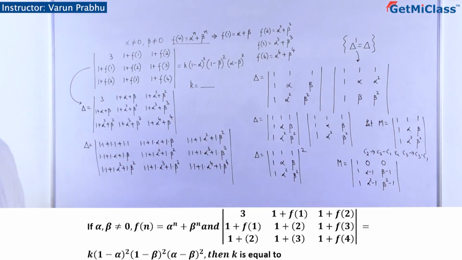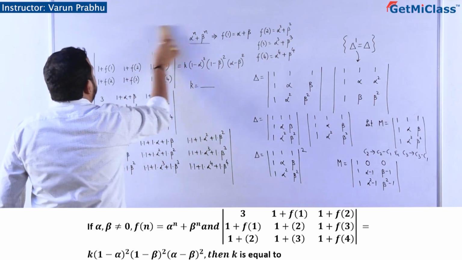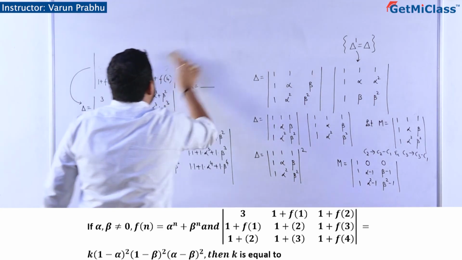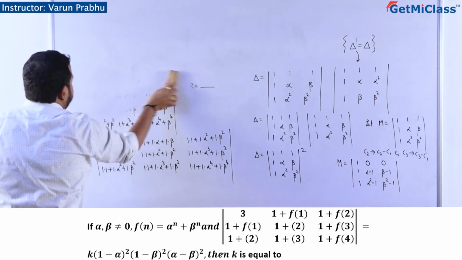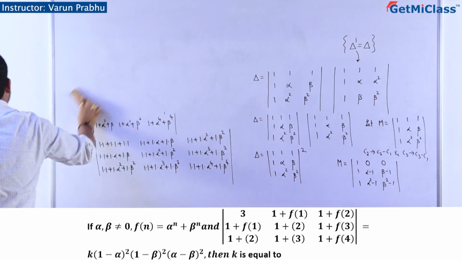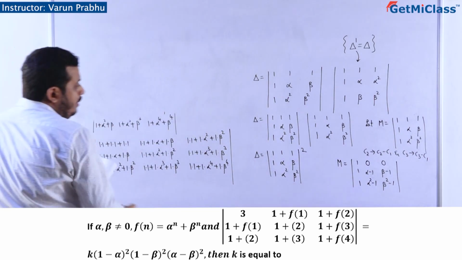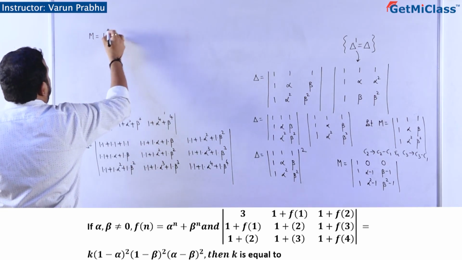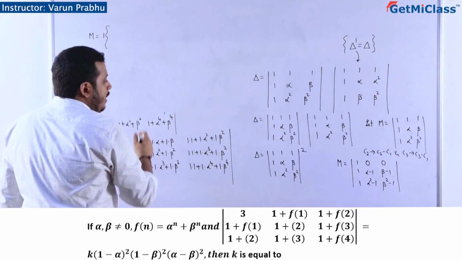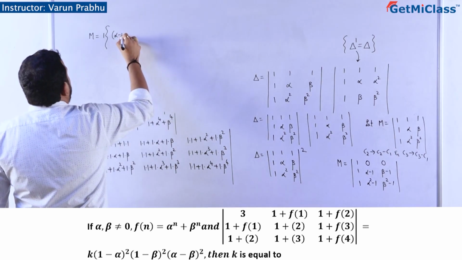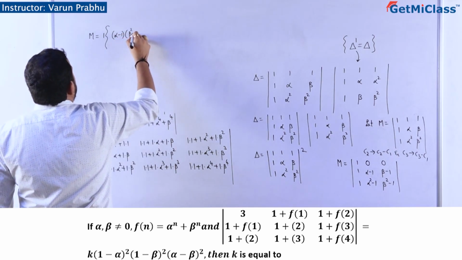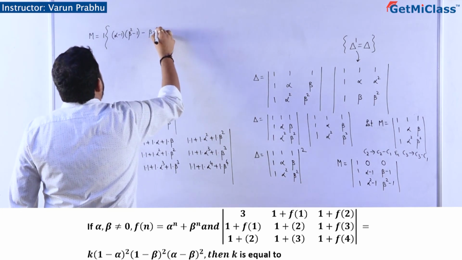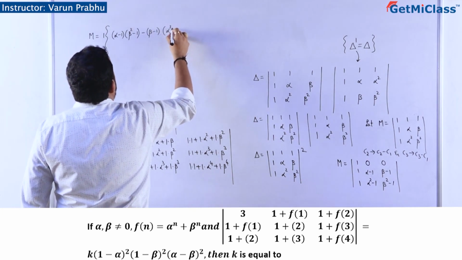Now if you carefully look at this part, slightly lengthy problem this is. If you carefully look at this part now, expansion of this determinant, so expand along row 1. When you expand along row 1, you will get 1 multiplied by alpha minus 1 into beta square minus 1 minus of beta minus 1 into alpha square minus 1.